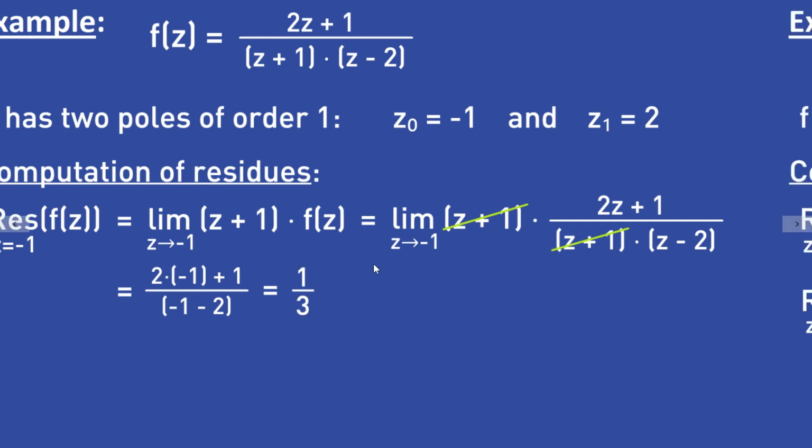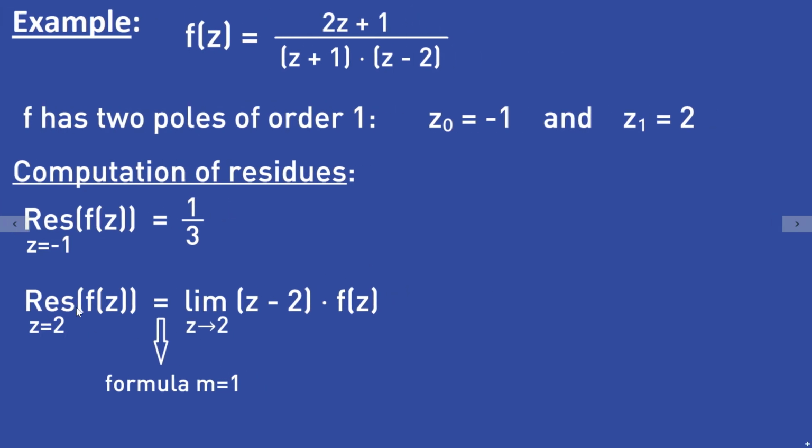The residue of f at the pole z equals 2 is equal to the limit z to 2 of (z minus 2) times f of z. Here we have used the calculation formula for the residue at the pole of order 1 again.